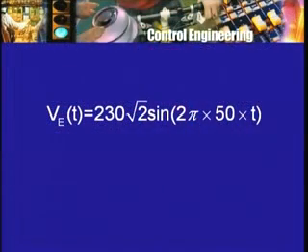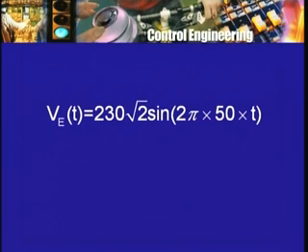The source that we have looked at is a cell in which the voltage is constant as a function of time, that is, it does not change with time. But an ideal AC voltage source will have a voltage which is given by a different equation or relationship, namely V E of t equal to maybe 230 root 2 into sine 2 pi into 50 into t, where, as you know, the root 2 comes because 230 is the RMS value and 2 pi into 50 comes because the frequency is 50 hertz.